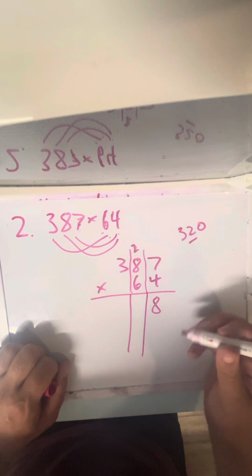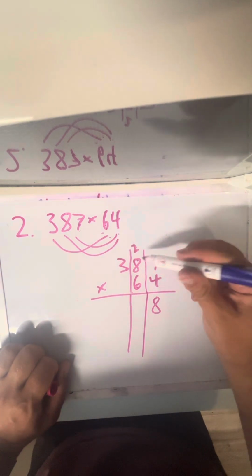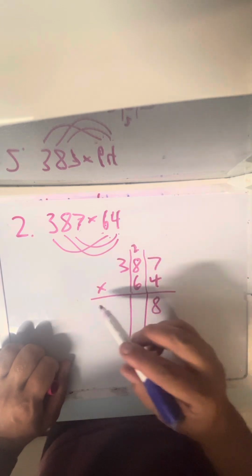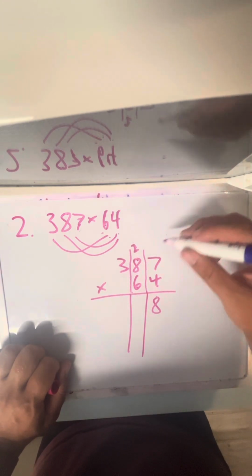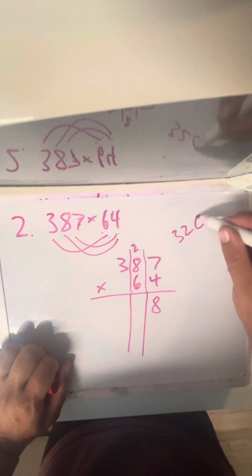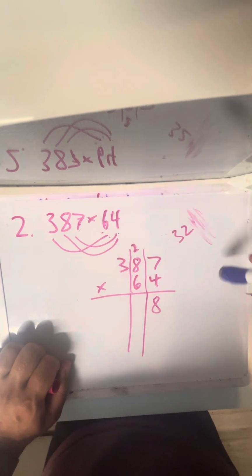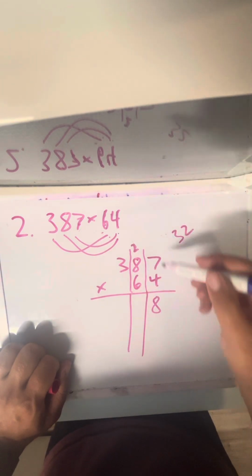Well, that doesn't make sense. I am doing 4 times 80, yes, but when we're doing standard algorithm, we're just looking at it as 4 times 8. So 4 times 8 is 32. This is really 320, but we're not focusing on the ones column because we already did that.